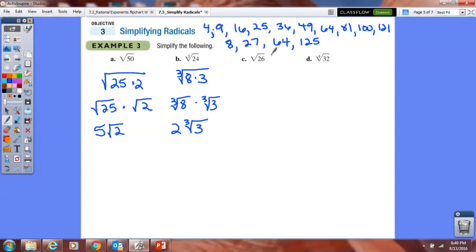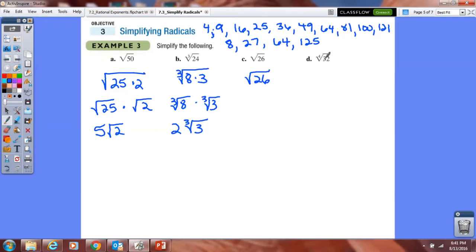26, we got the square root of 26. If we look at our list here, 4 is not a factor, 9 is not a factor, neither is 16, and of course 25 is not going to work. So this one here is just going to stay the square root of 26 because it doesn't contain a perfect square factor.